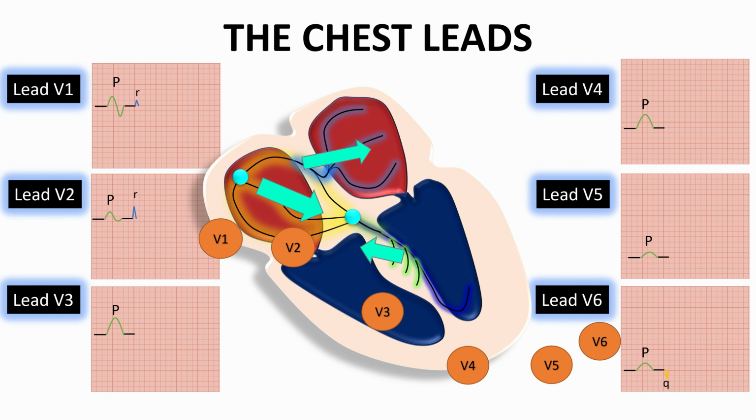Then the vast majority of the ventricle will be depolarized in a direction toward V4, V5 and V6, so they will get a positive wave, and away from V1 and V2, which will get a negative wave.